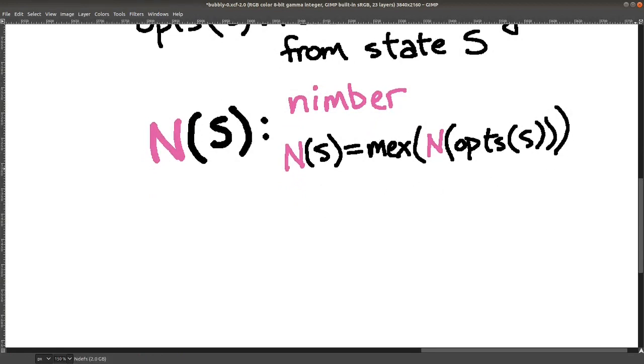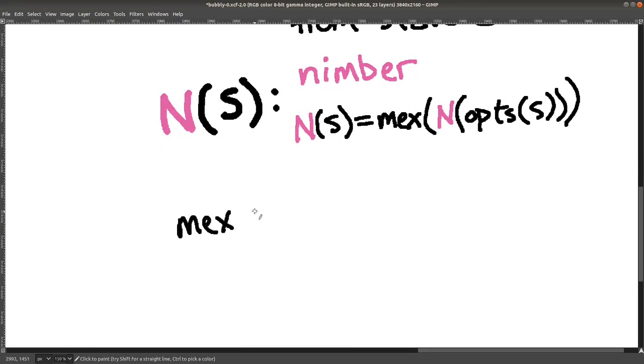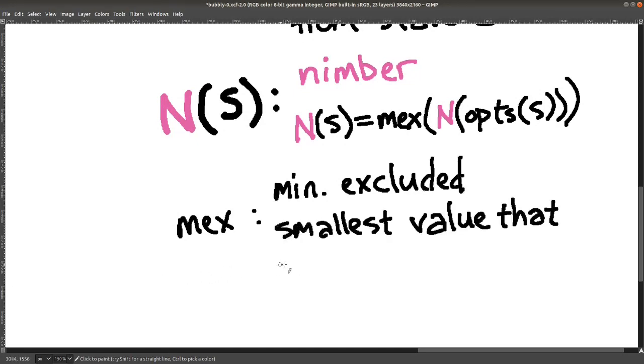And let's also include the definition of the MEX function here. MEX is short for minimum excluded. So it's the smallest value that is not in the set.